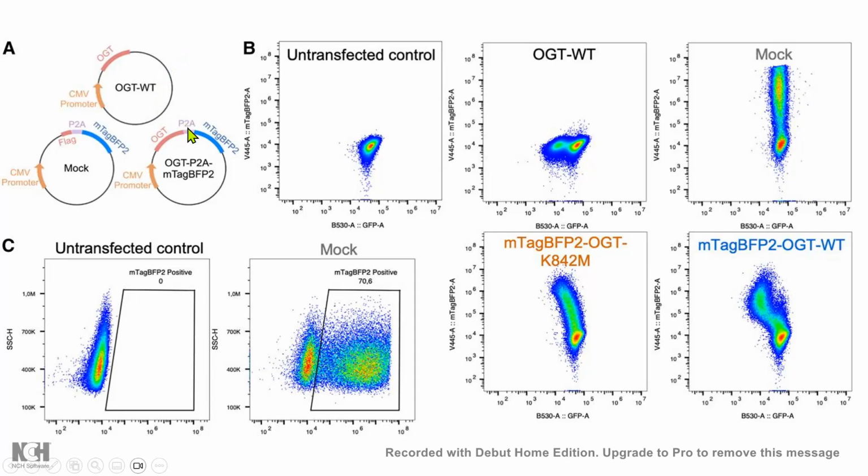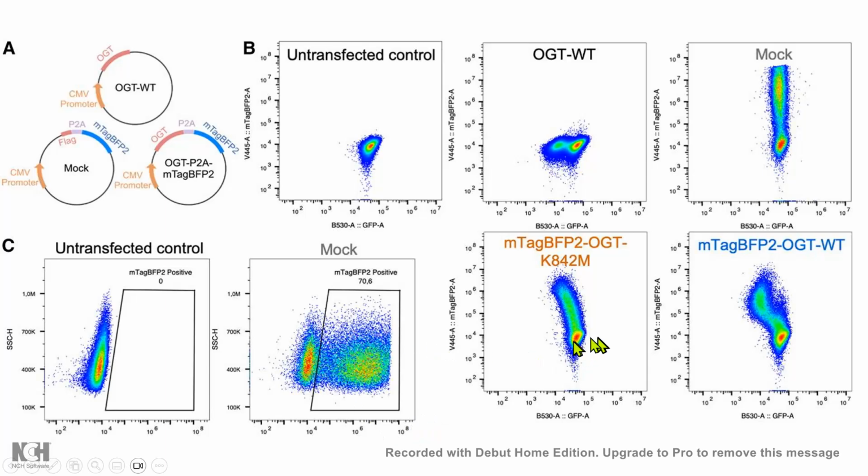However, a percentage will continue on, starting afresh, going, well, that was weird, I'm going to continue now, and produces BFP. So you get a proportional amount of OGT and some BFP relating to how much transfection you see. So that allows you to do the gating like we did with the mock transfection to show, okay, some of these cells do have OGT being expressed, but you can ignore the ones that aren't.